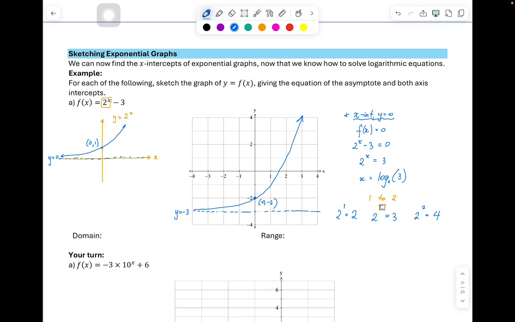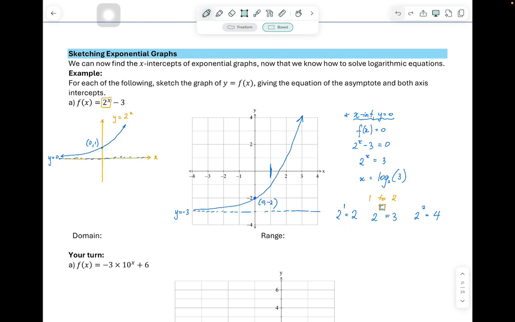However, we can actually find another perfect value here. If we let x equals 1, and if we let x equals 2, that might give us a better idea, because if we find where x is equal to 1 and x equals 2, we can connect the dots and the line will have to cross somewhere in between. If you want to do this as an extra step, by all means.